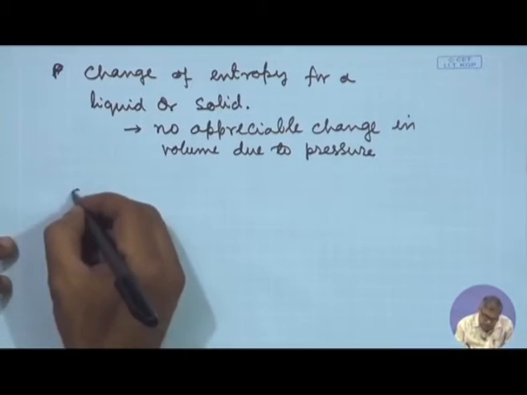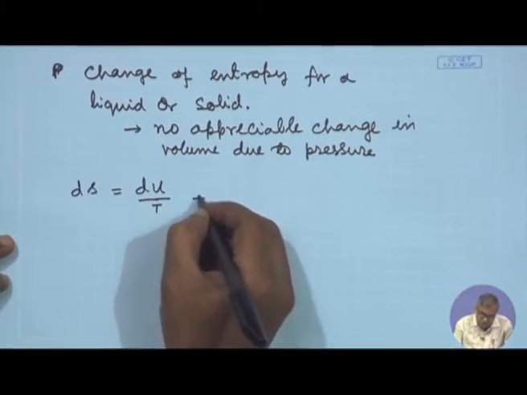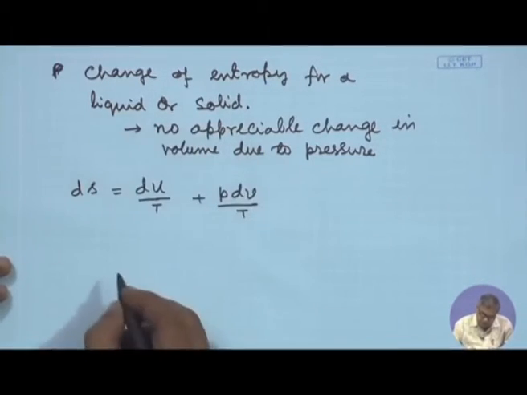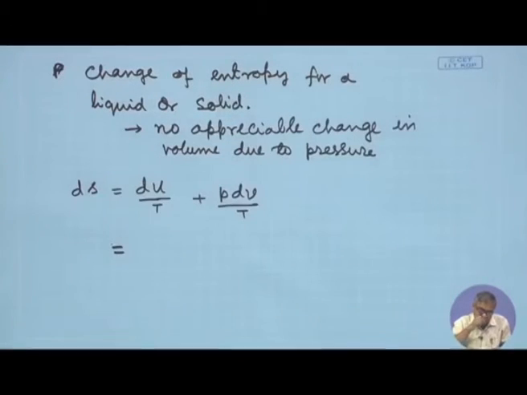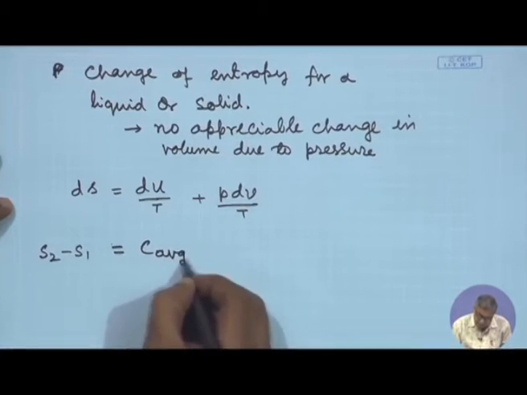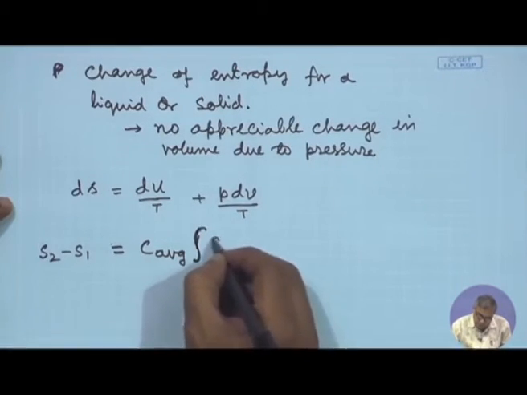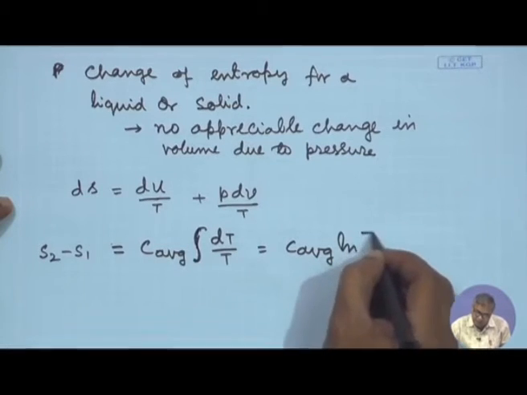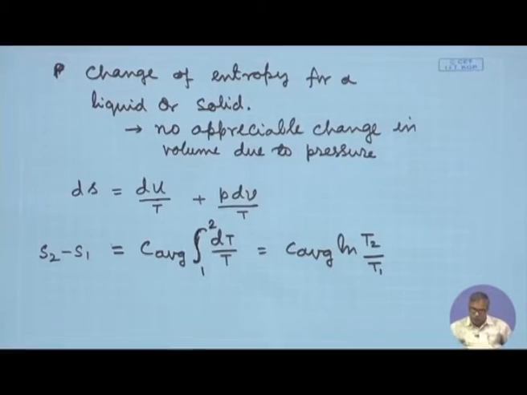So, ds is equal to du by T plus P dv by T, and for this condition, s2 minus s1 is equal to C average dT by T, that is C average ln T2 by T1, from 1 to 2. Let me explain what I have written.